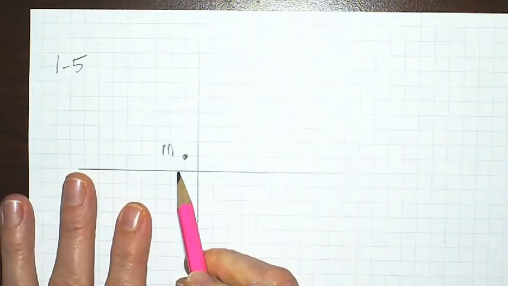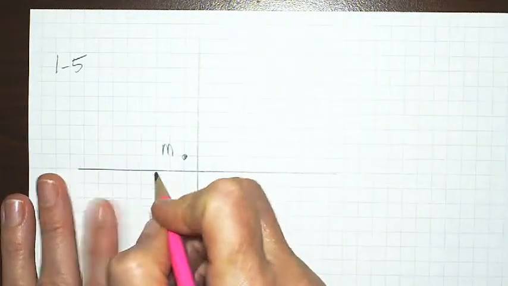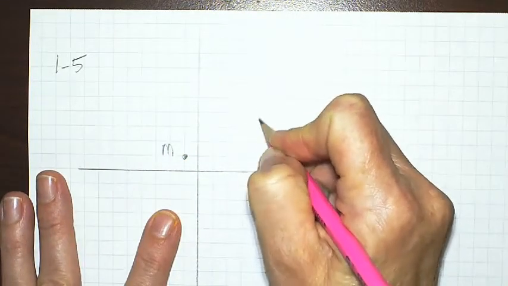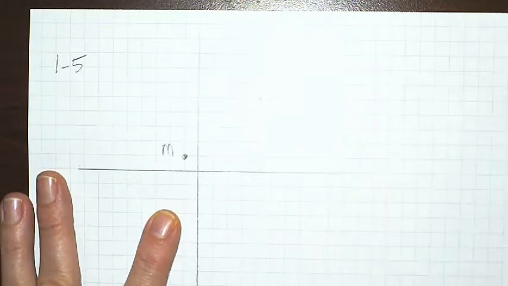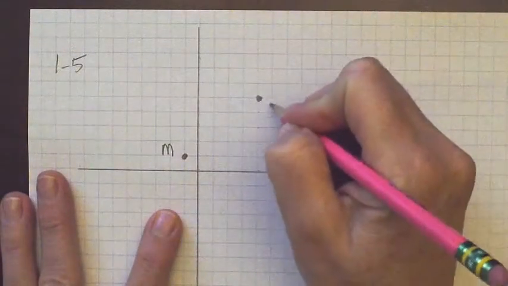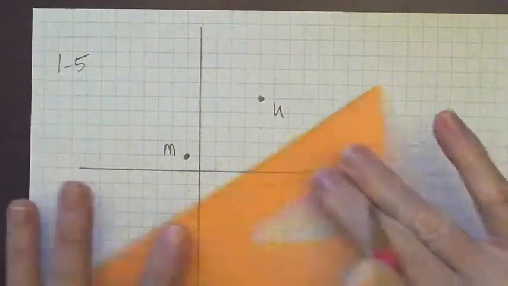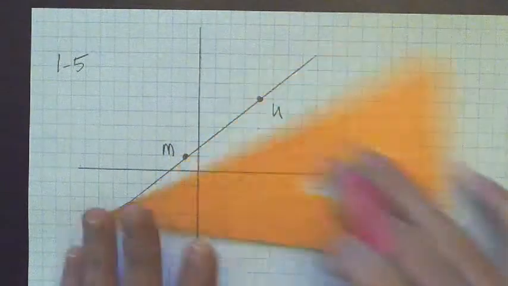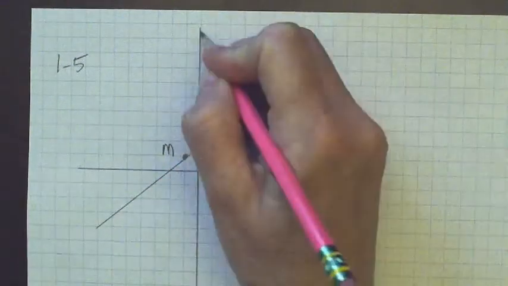And then we've got the point (4, 5). So let's see. Okay, that's where that glare comes in. So let's try this. All right, now we're going to find the slope of this line.